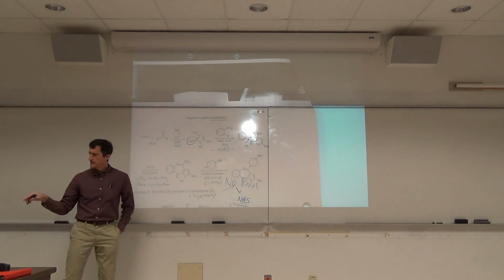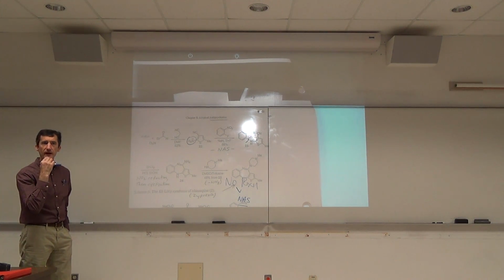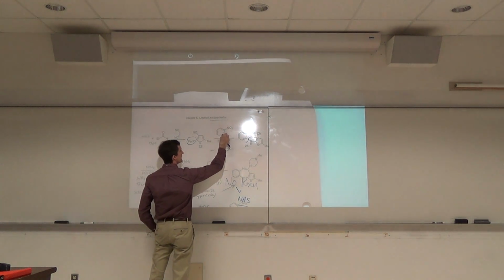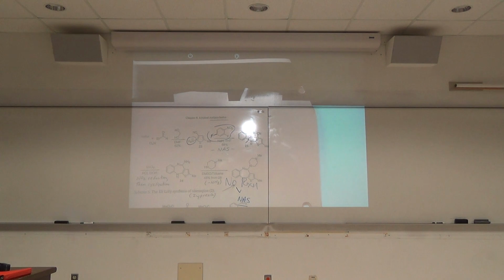I don't know if it's here, it may be in the outline. Has anybody ever heard of the Sanger reagent? It's used in biochem. I think there's just one more fluorine here, or maybe it contains two nitros. You have to look it up on the wiki.